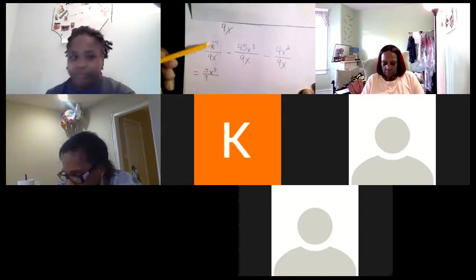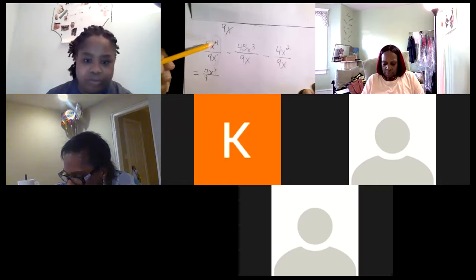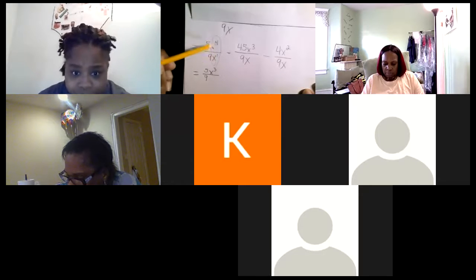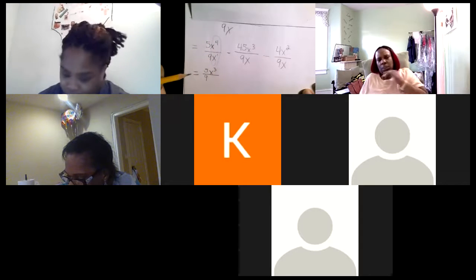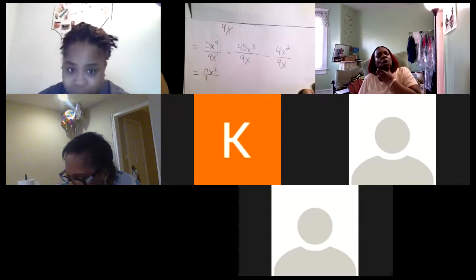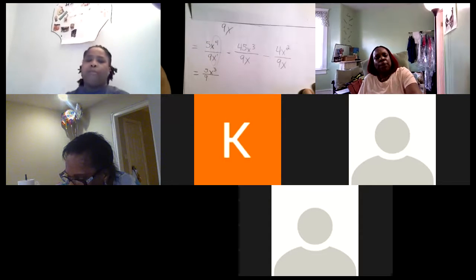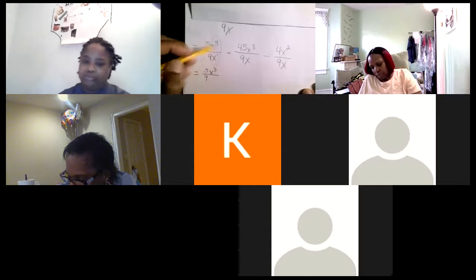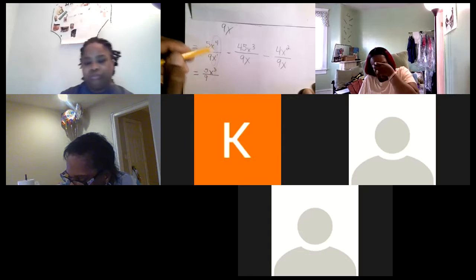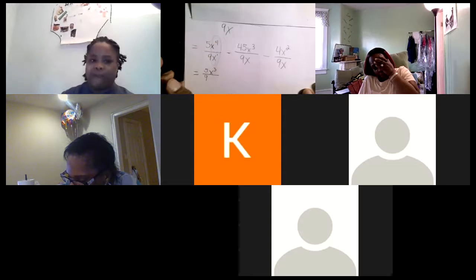I'm subtracting this exponent and this exponent. Okay. Subtracting those exponents gives me a 3. So why would we just leave the 9 by itself? Because that x is considered like a 1 and it divides itself out or something? Yes. You subtract.